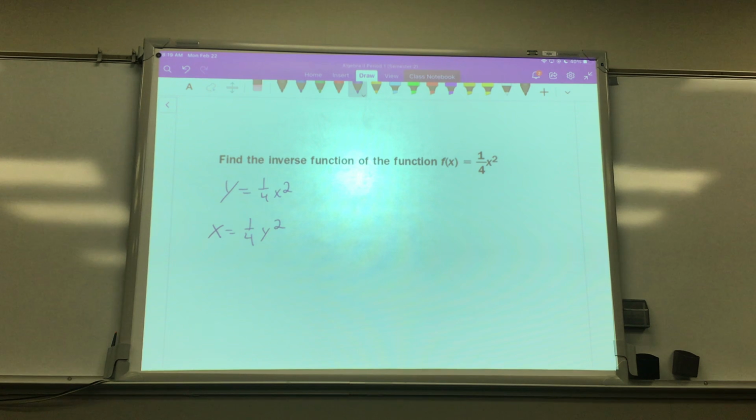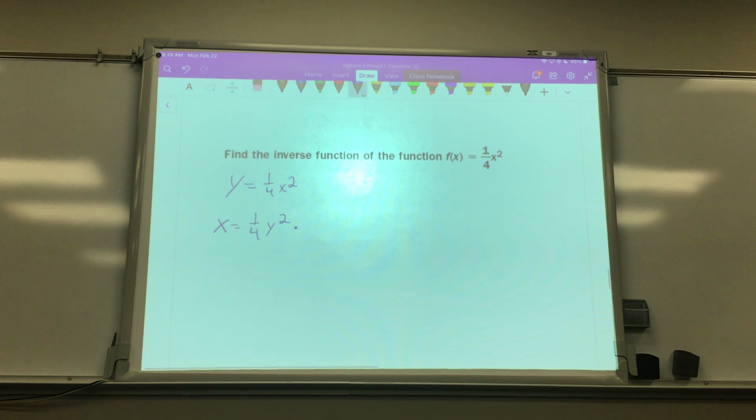Which is the same as multiplying by the reciprocal. 1/4 times what's going to get me 1? Morgan? 4, right? Then I got 4x equals y squared. Square root now.